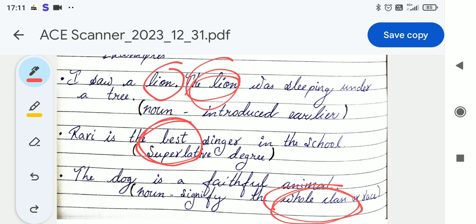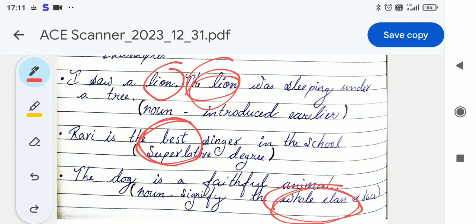Examples: the Ganga, the Yamuna, the Bay of Bengal, the Arabian Sea, the Gulf of Mexico, the Thar, the Sahara, the Himalayas, the Aravallis, the USA, the UK, the West Indies, the UN. We also use the before things which are one in number, that we may say are unique. Examples: the sun, the moon, the sky, the earth, the world, the Taj, the Great Wall of China.